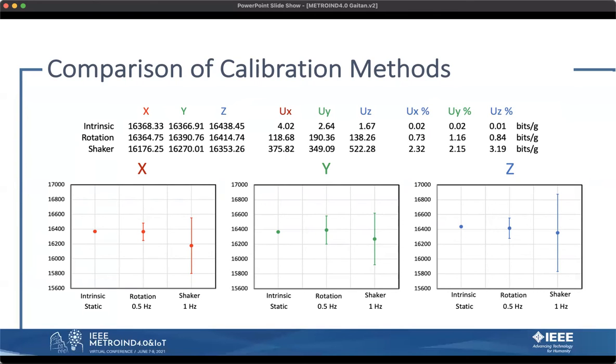And then we have our shaker at 1 hertz. The uncertainties from the shaker are larger than the other two, because as we go down to lower frequencies, 1 hertz here, the signal to noise ratio becomes smaller and smaller. So we are getting more noise in our measurement, and that increases the uncertainties. But still, within their uncertainties, they match up with each other.